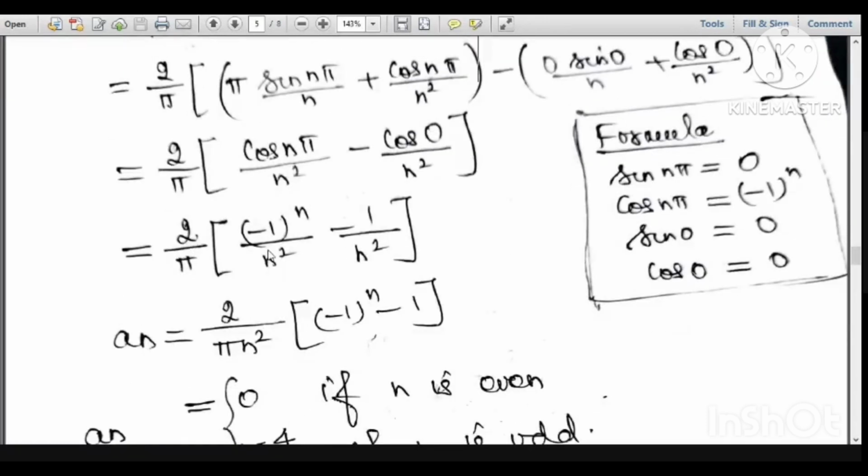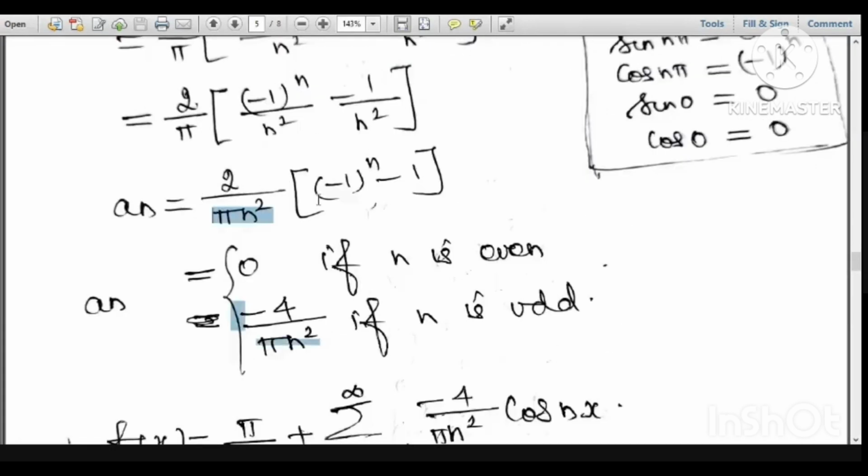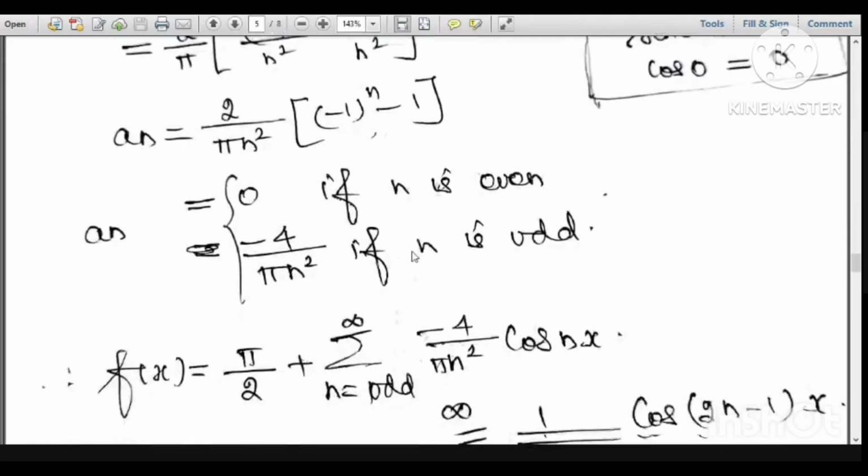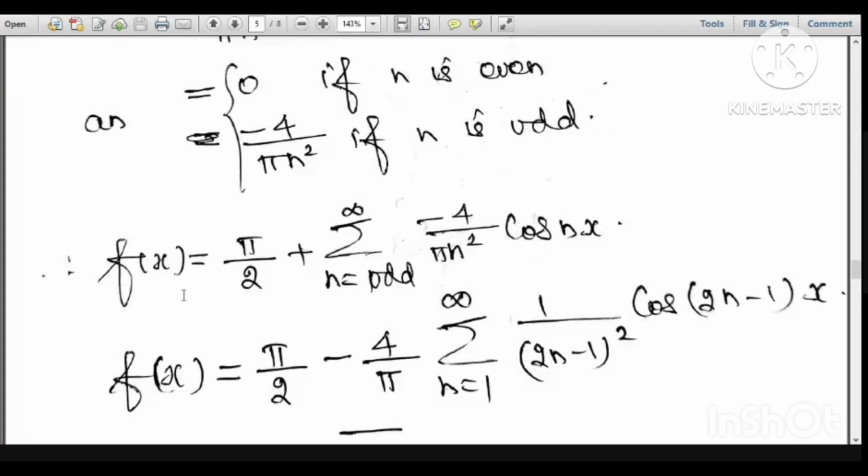So 2 divided by pi, minus 1 power n divided by n square minus 1 by n square. So an is equal to 2 divided by pi n square, minus 1 power n minus 1. If n is even, 0. If n is odd, minus 4 divided by pi n square. That is the an value. Okay.